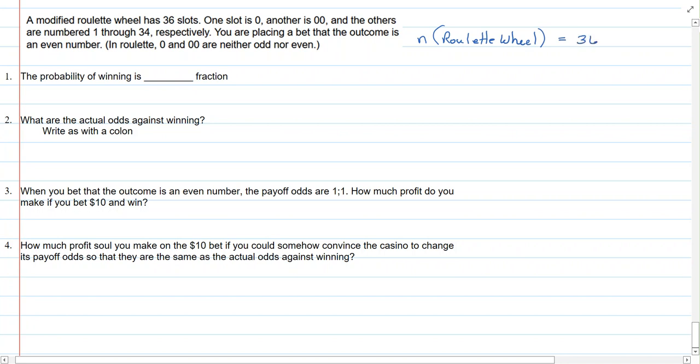One slot is 0 and another double 0, and the others are numbered 1 through 34, respectively. You are placing a bet that the outcome is an even number. The zeros are neither even nor odd, so the 0 and double 0 are not included. The probability of winning.